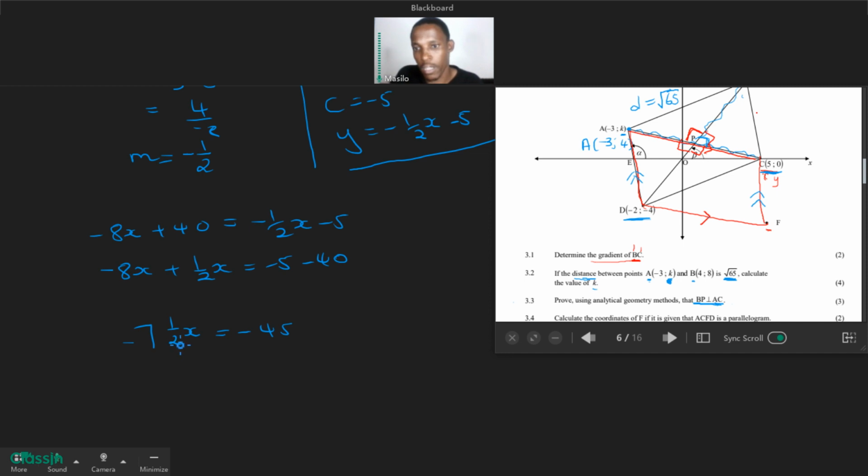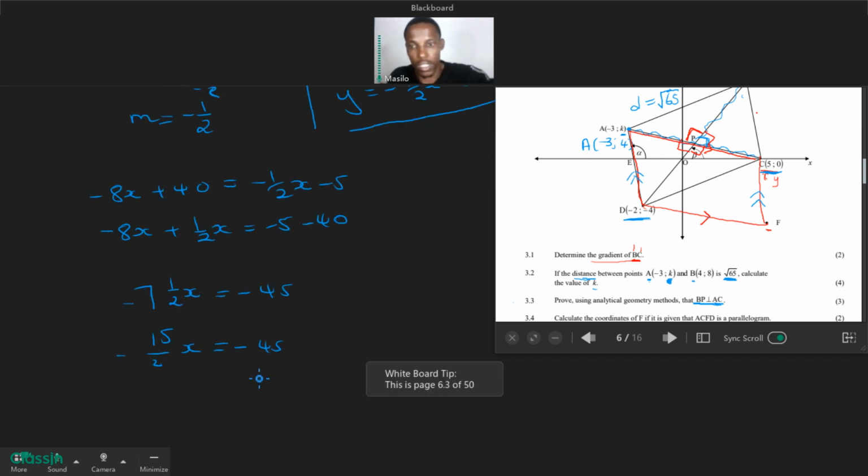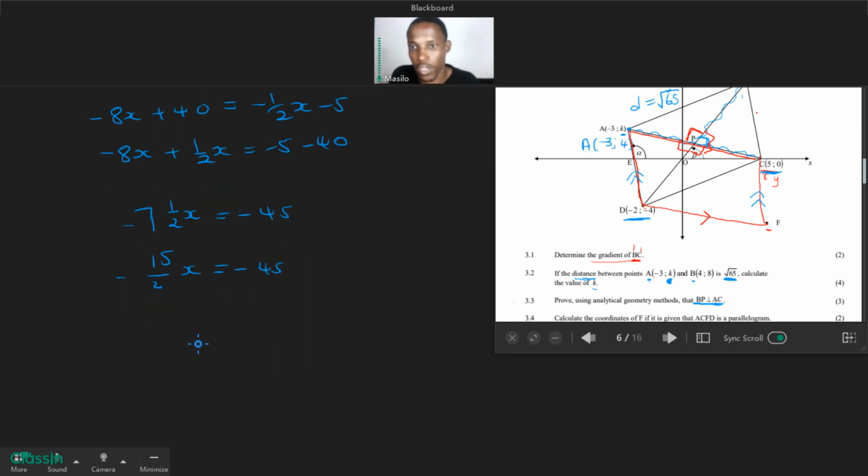So what is this? This is the same as 15 over 2 x, because 2 multiplied by 7 is 14, plus 1 is 15 over 2, which is negative x, and then equals negative 45. Because they are both negative, we are left with 15x over 2 equals 45.